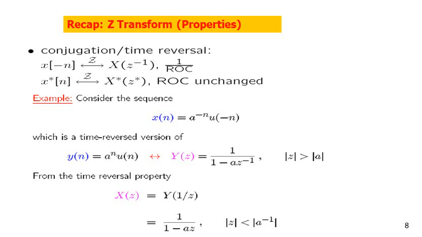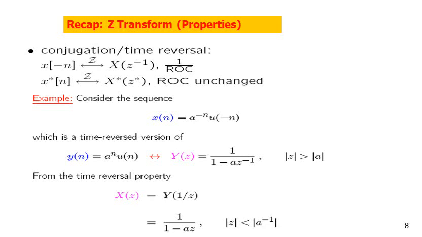And there is a simple example that is given in this slide, which we actually discussed in the class also, that we want to find the z transform of x of n, which is a^(-n) u(-n). So u of minus n is actually the flipped version of the unit step function.